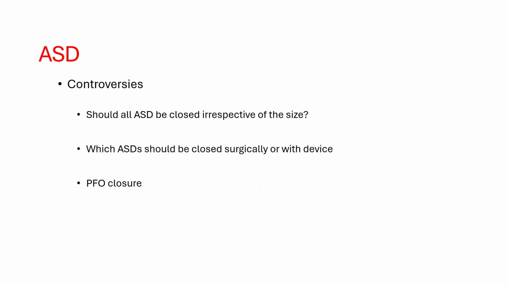There's always controversies about ASDs, especially in adulthood. The question is always, should all ASDs be closed irrespective of the size? There's a school of thought that says close all of them because of the risk of paradoxical embolism. We never know when you're going to throw an embolism across it.